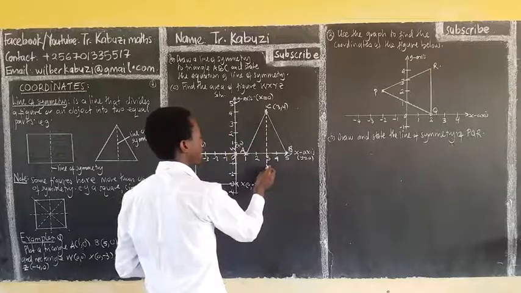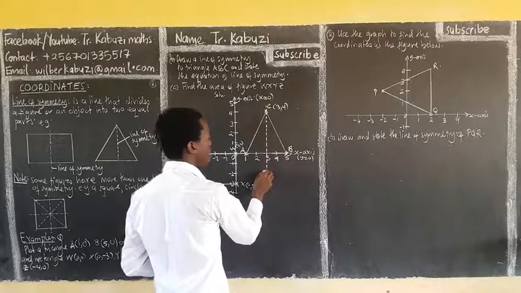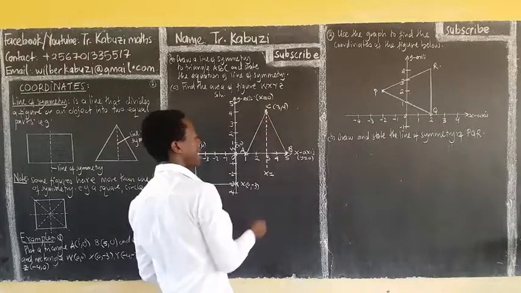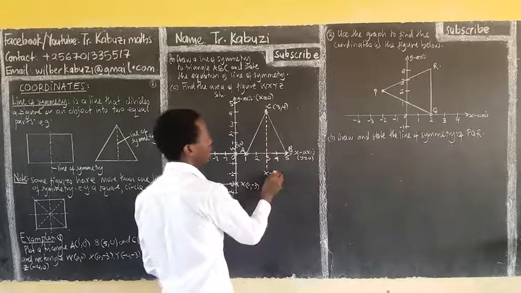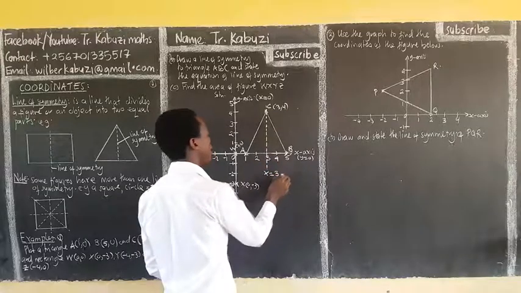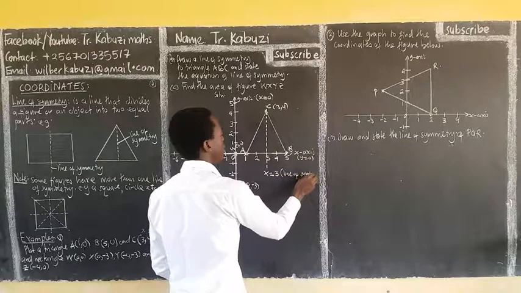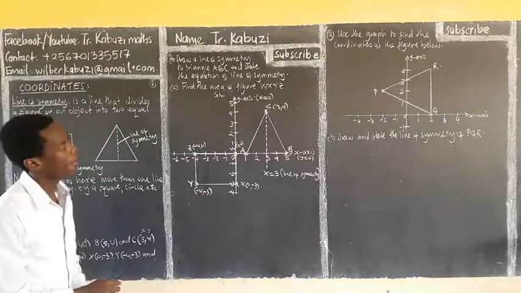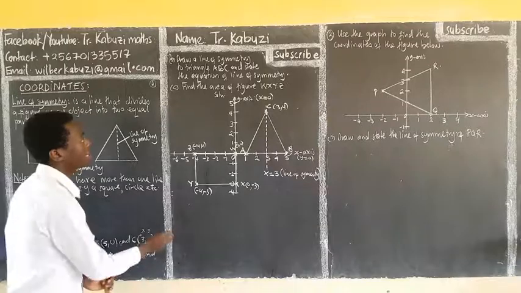Then you name it. You see that whenever it's passing through X, it becomes X is equal to the value that is cutting the X-axis. Which value is it cutting the X-axis at? It is 3. So X equal to 3 is our line of symmetry. So that's the line of symmetry.